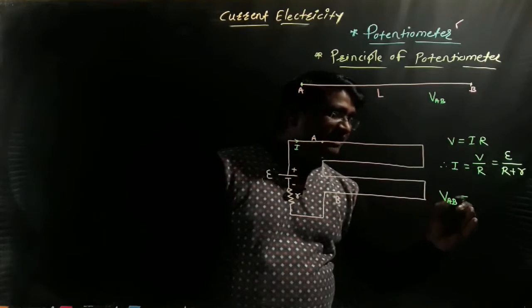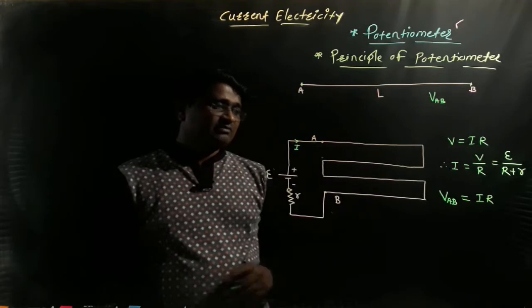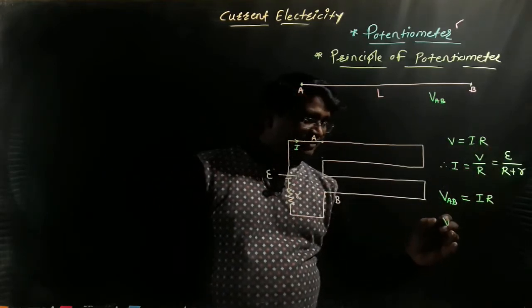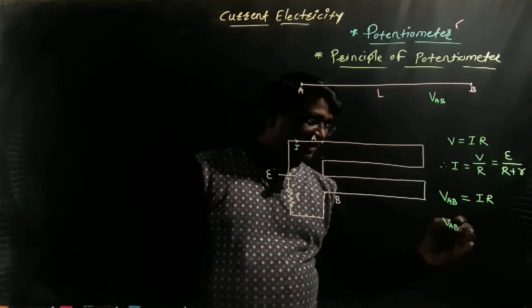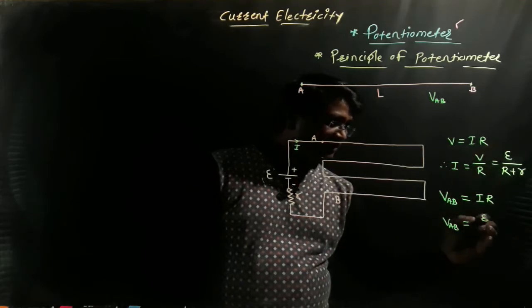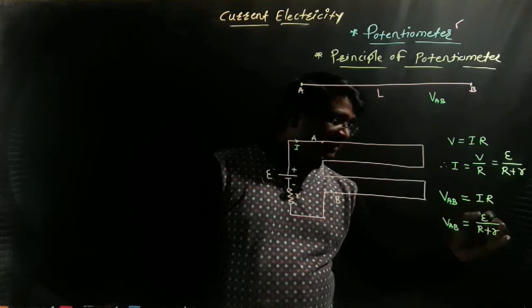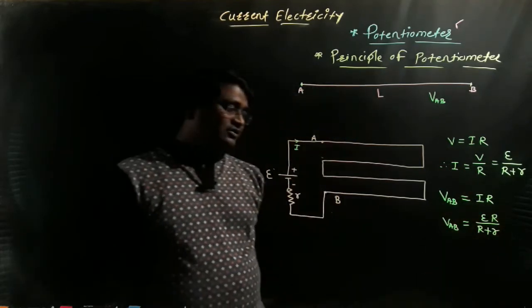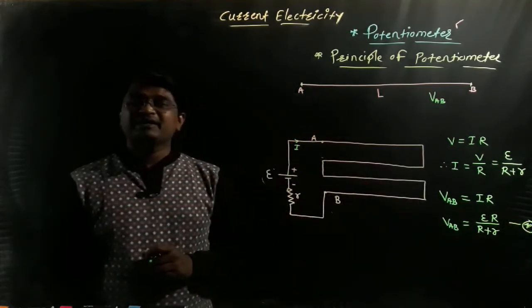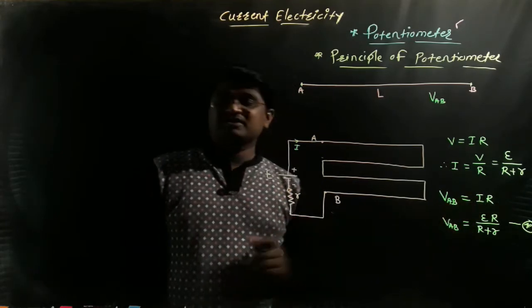So VAB is equal to IR, and we have already determined I as epsilon upon R plus r, multiplied by this capital R. This equation represents the total potential between the wire AB. So the total potential VAB is equal to epsilon R upon R plus r.